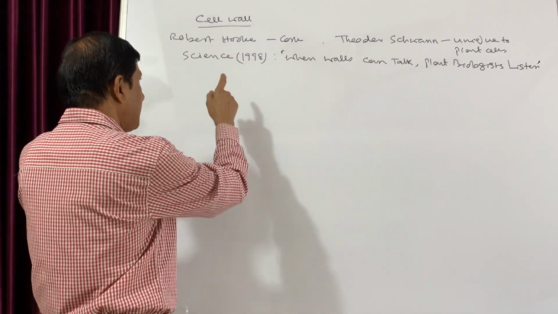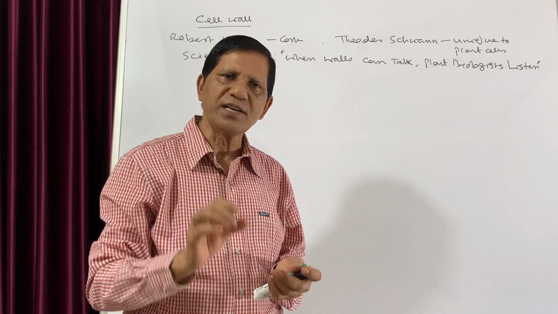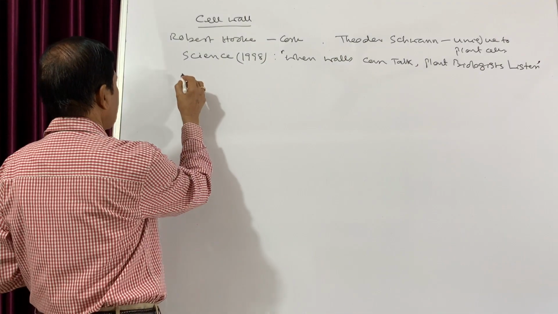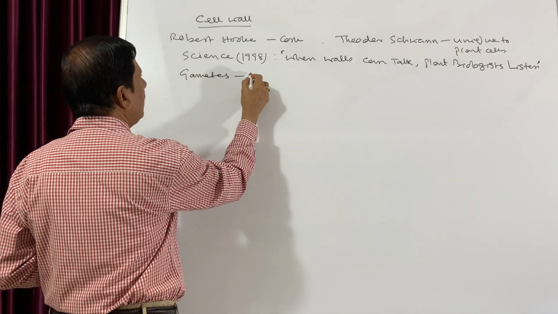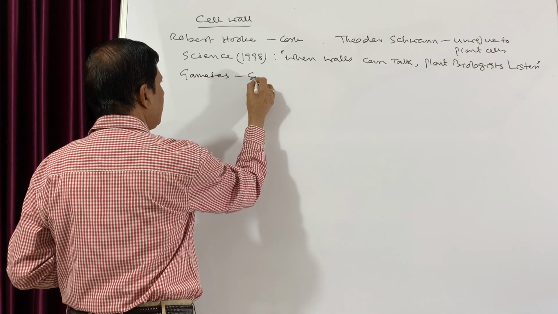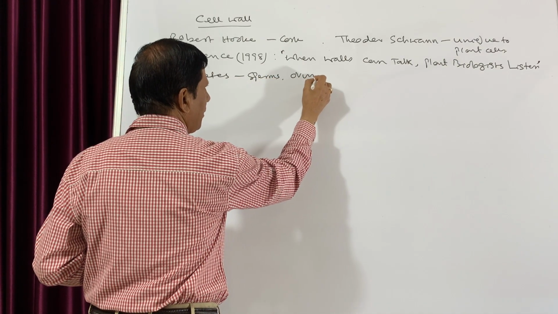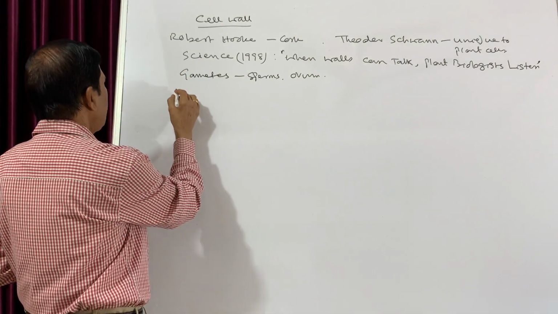Now, the cell wall, though it is present only in plant cells, there are also certain plant cells where it is completely absent. For example, if you take the gametes, that means the male and female gametes, you can say the sperms and the ovum, then it is completely absent. Otherwise, usually the cell wall is present.